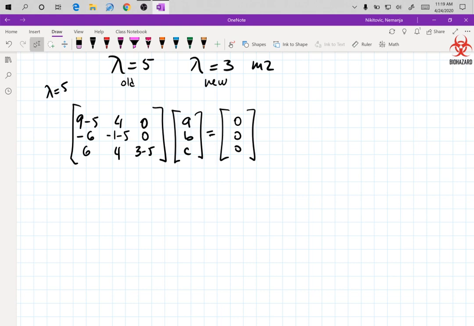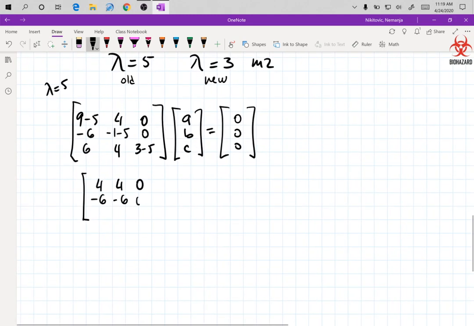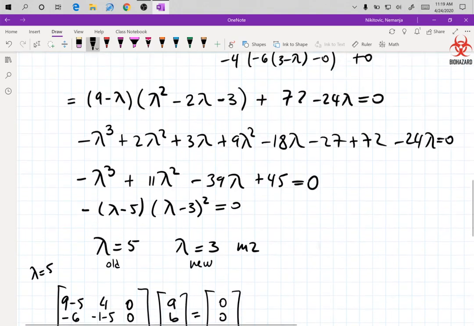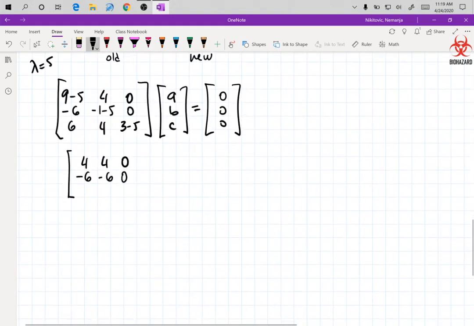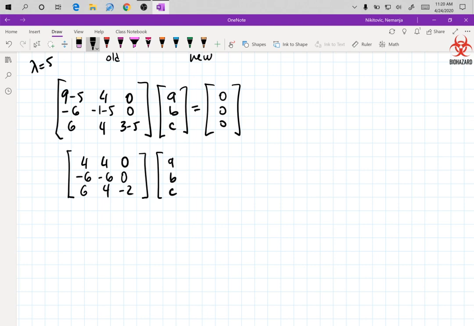All right, so the matrix is 4, 4, 0, then negative 6, negative 6, 0, and 6, 4, negative 2, times a, b, c, to give us 0, 0, 0.